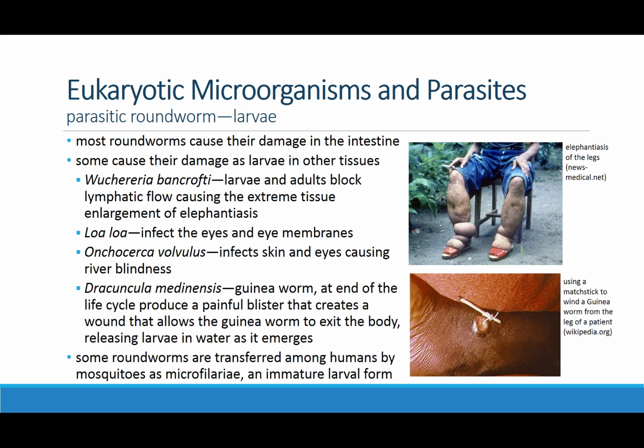When people infected with these guinea worms go down to the water to soak the foot or the hand or the arm in the cool water to relieve some of the burning pain, then the guinea worm recognizes, oh, we're in water, and that's when it starts to release its larvae into the water. So they are very aware. They sort of force this behavior into the humans that are infected with them.